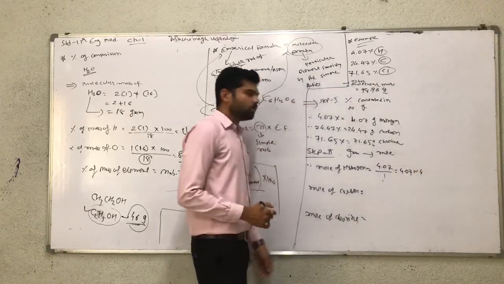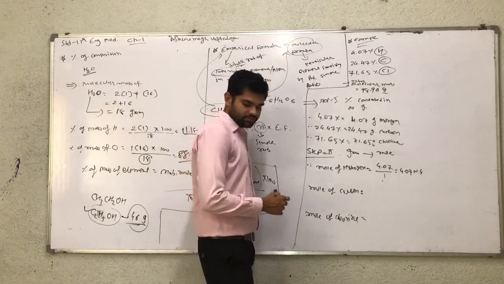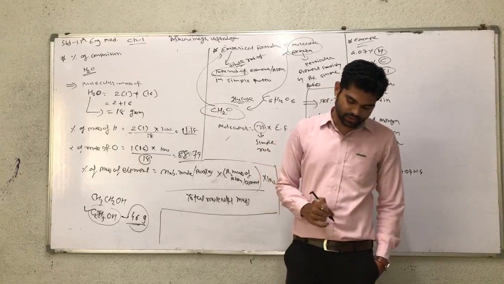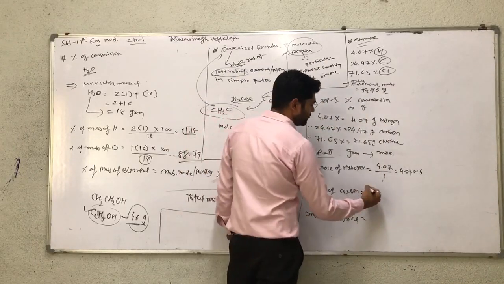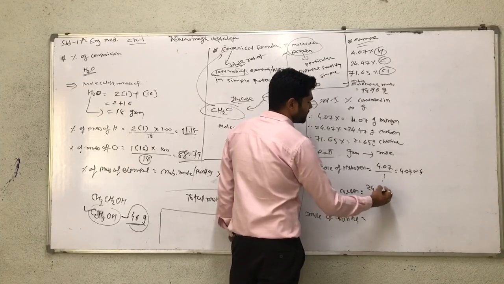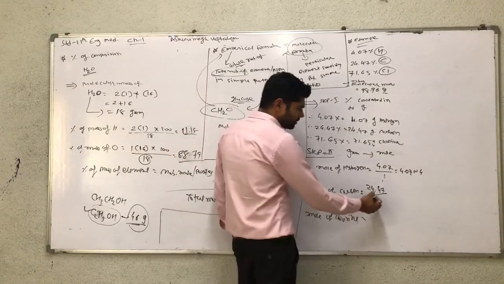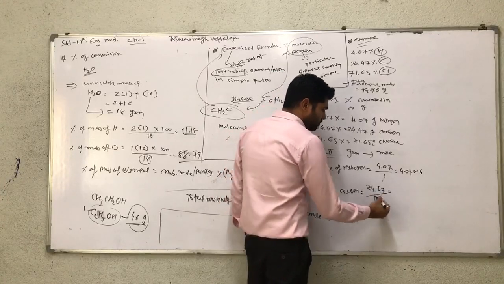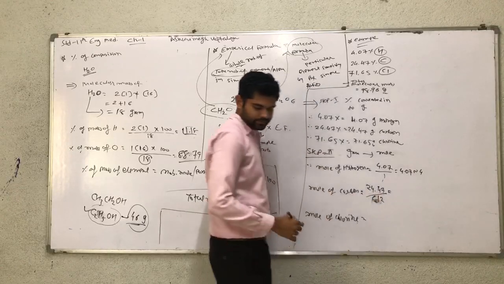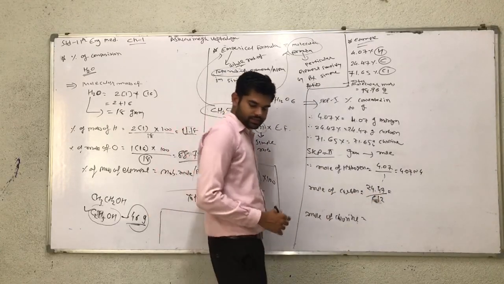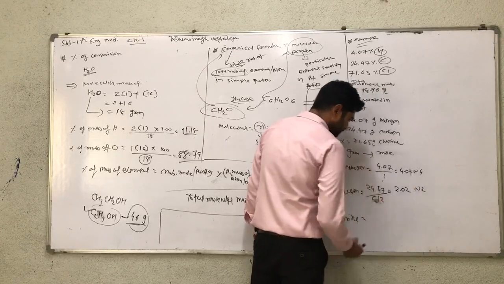Next, mole of carbon. Given mass of carbon is equal to 24.47, and atomic mass of carbon is equal to 12. So 24.47 divided by 12 is equal to 2.02, nearly 2.